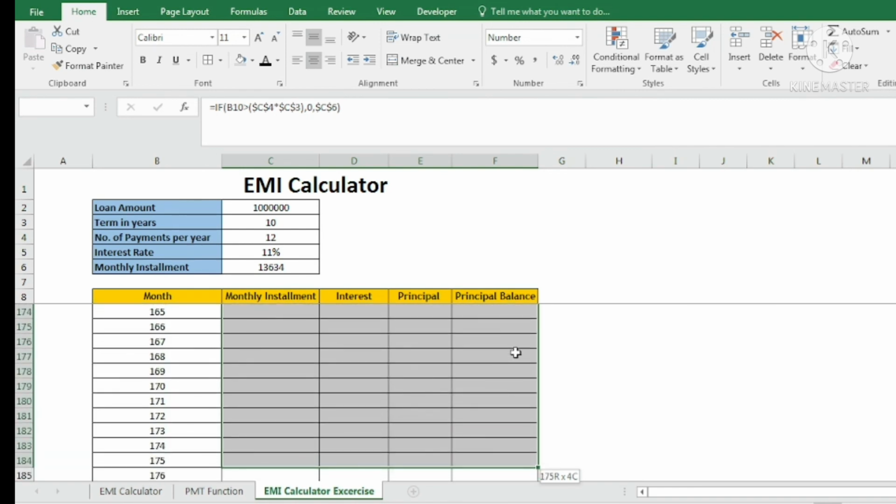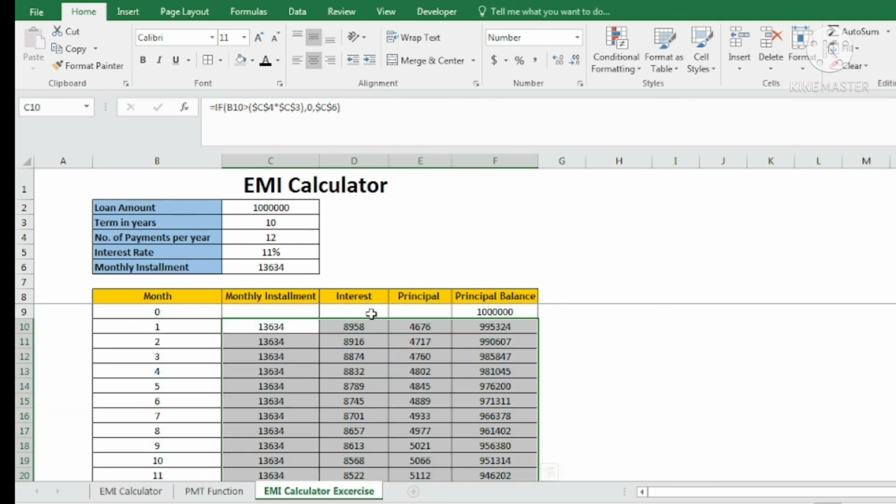I will go ahead and change to 15 years then, and then Control D. If you see here, once 120 months are over, it is showing me 0 as a monthly installment, 0 as an interest, 0 as a principal, and the principal balance is also 0.